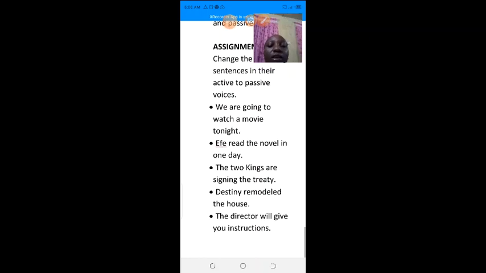"The two kings are signing the treaty." The treaty is the object, so you change it. "Destiny remodeled the house." The house is the object. "The director will give you instructions." Instructions is the object, so it comes first and then you change the rest of it.